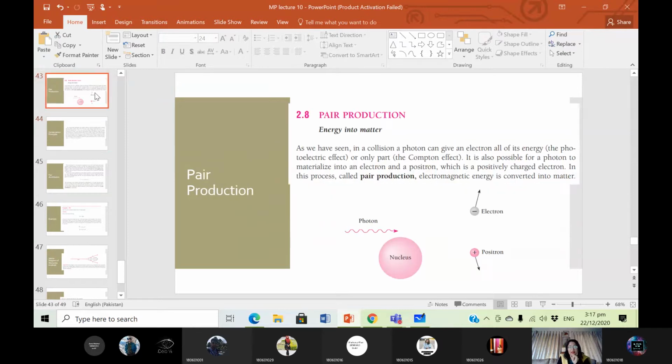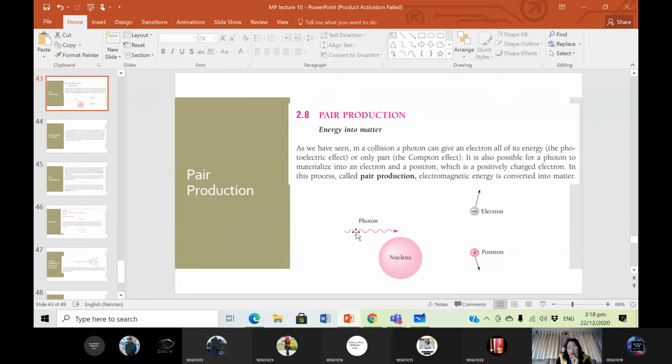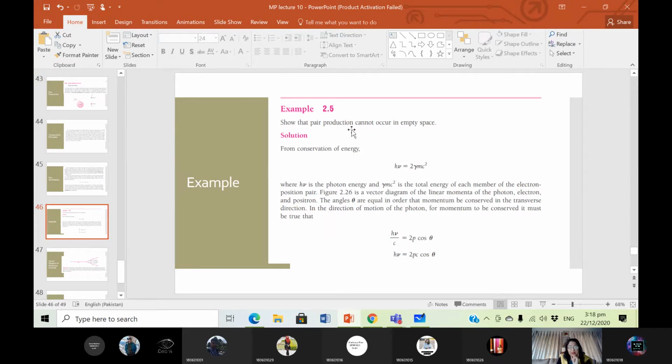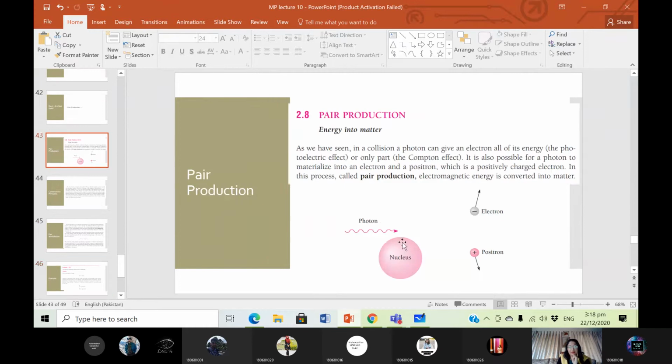So basically, how does this happen? When a photon comes close to a nucleus, and we need to have a nucleus over here, and we will do the proof of that, showing that pair production cannot occur in empty space. Basically, pair production is when the electromagnetic energy of the photon gets converted into matter.